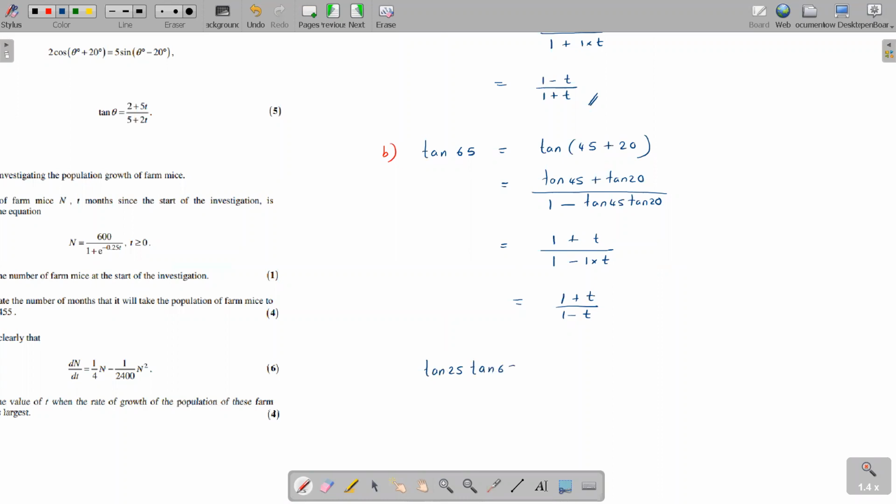Tan 25, the value we found in part A, is 1 minus t over 1 plus t, multiplied by tan 65, which is 1 plus t over 1 minus t. I think you can easily see how it becomes 1. 1 minus t cancels off, and 1 plus t also cancels off, and you end up getting 1, which is what you had to show.